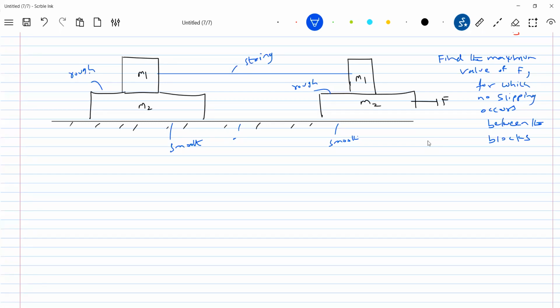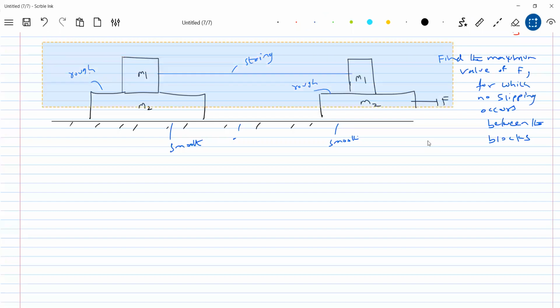So what is the thing? Find the maximum value of F for which no slipping occurs between the blocks. The question itself gives a condition. What is that? No slipping should occur.